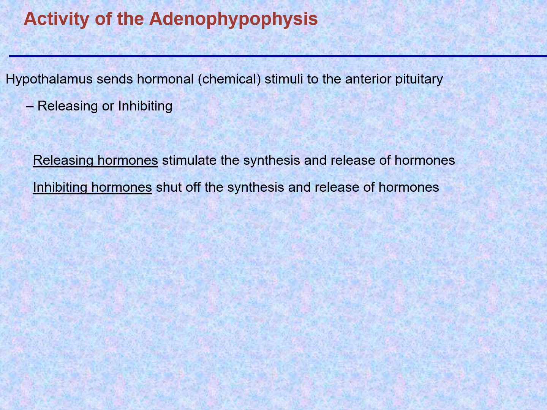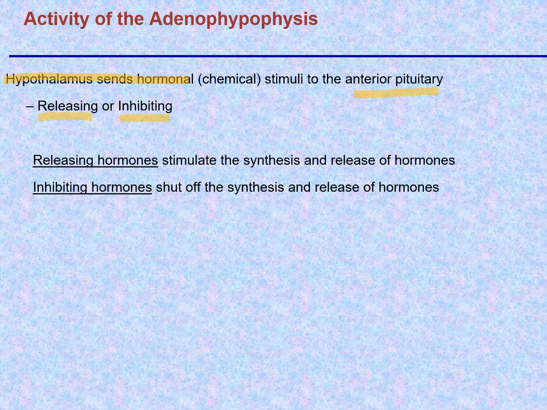The anterior lobe of the pituitary is under the influence of hormones coming from the hypothalamus, and they stimulate the anterior lobe of the pituitary to either release or inhibit the release of different hormones.